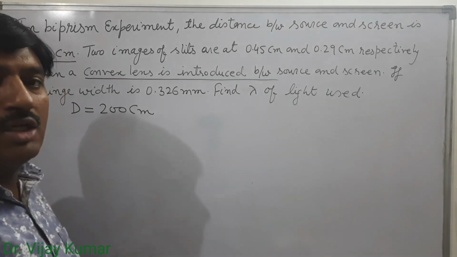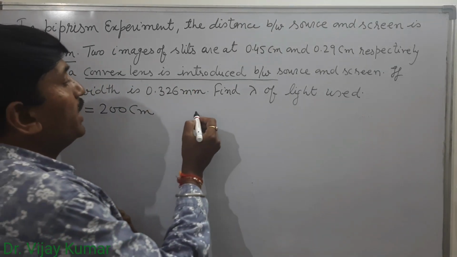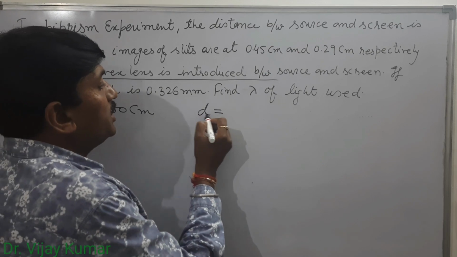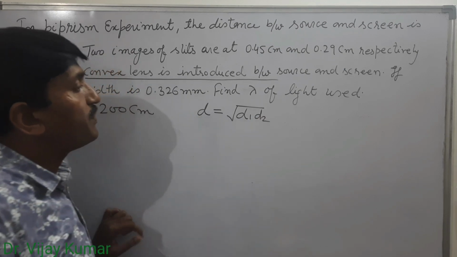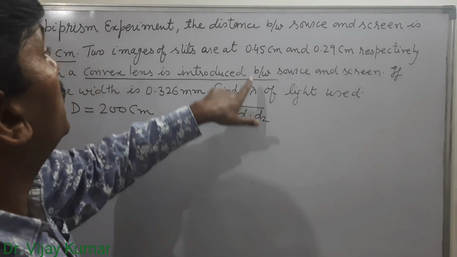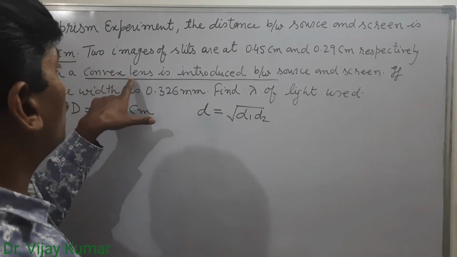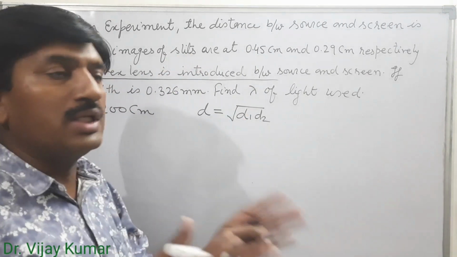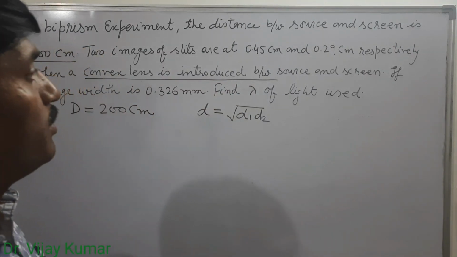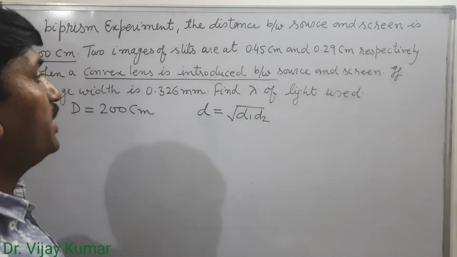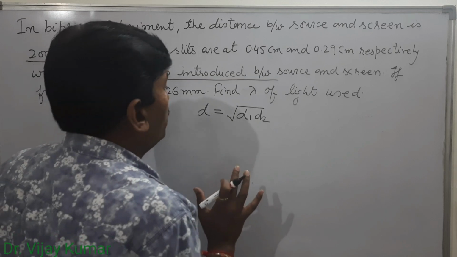We have to determine the value of small d with the help of the displacement method, and we know that in the displacement method, small d is equal to under root d1 d2. d1, d2 represent the lengths of the images when we introduce a convex lens between the source and screen.